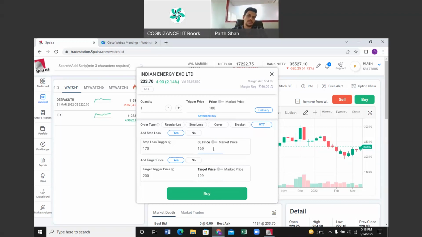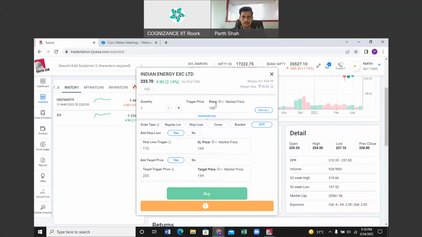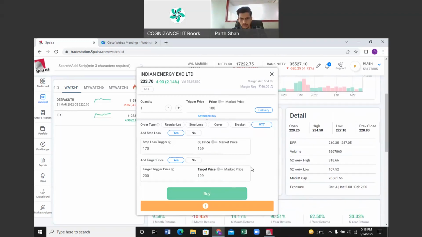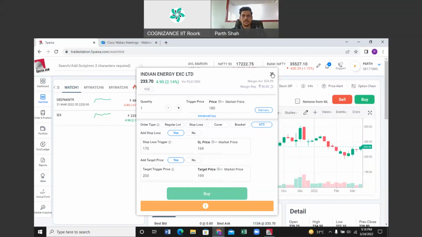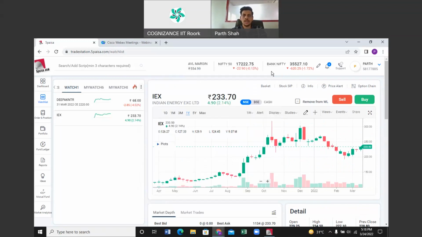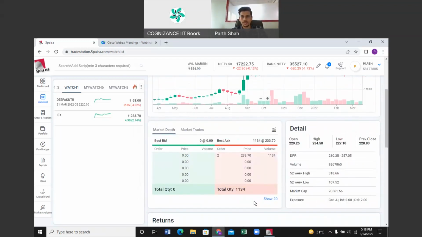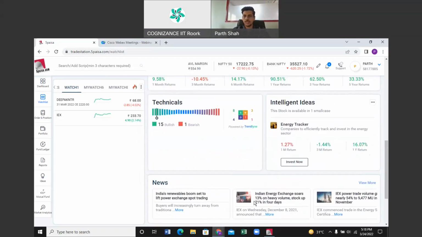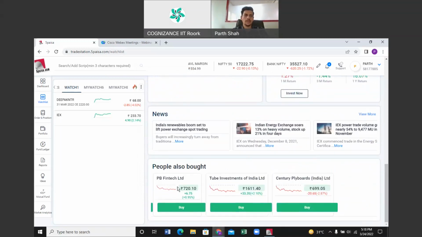So, okay, it's giving some error. Let me check this. Maybe I'm doing something wrong. It is out of daily price range. The market is currently closed, that's the reason. Okay, so that's how you can place the VTT order as well.